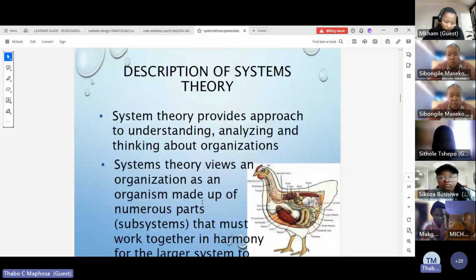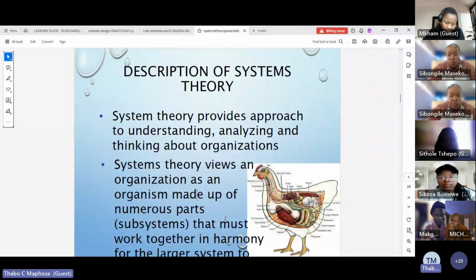As I said, system theory views an organization as an organism that is made up of subsystems. That is how they view an organization.